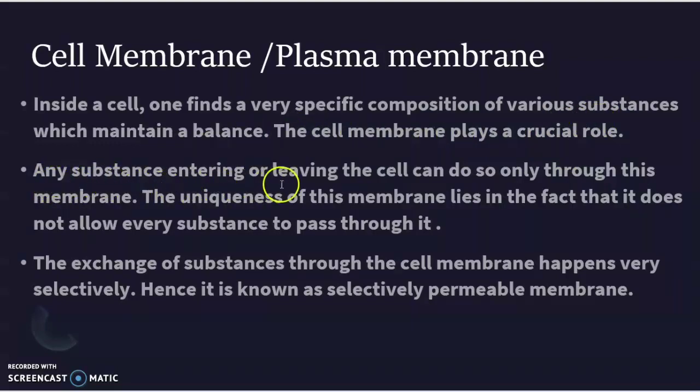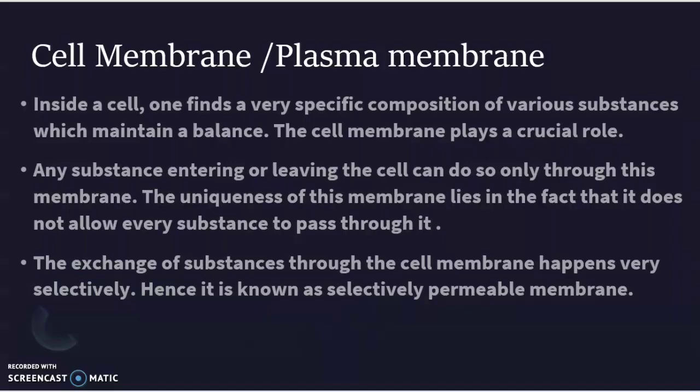Any substance entering or leaving the cell can do so only through this membrane. The uniqueness of this membrane lies in the fact that it does not allow every substance to pass through it. It allows only very useful substances. The exchange of substances through the cell membrane happens very selectively. Hence, it is known as a selectively permeable membrane.